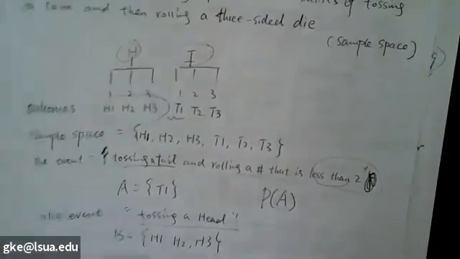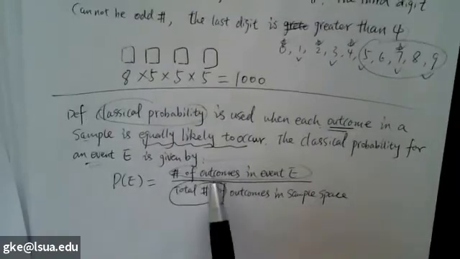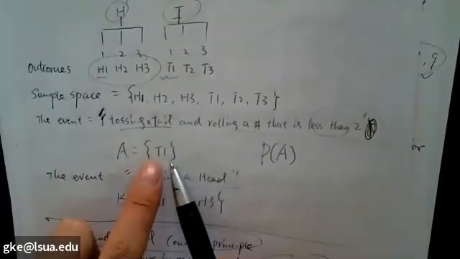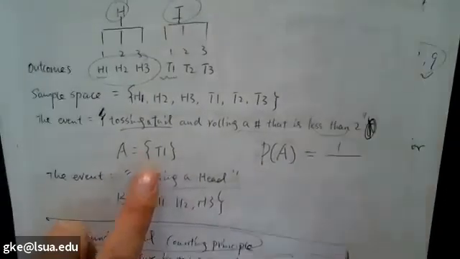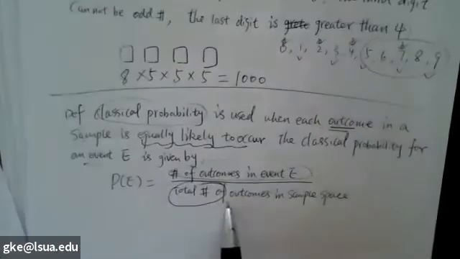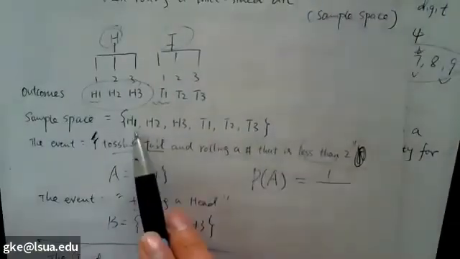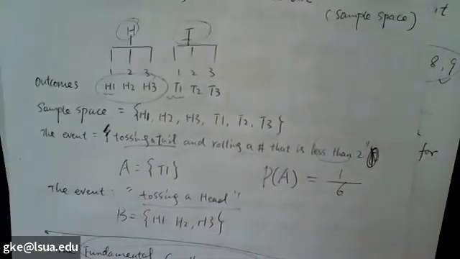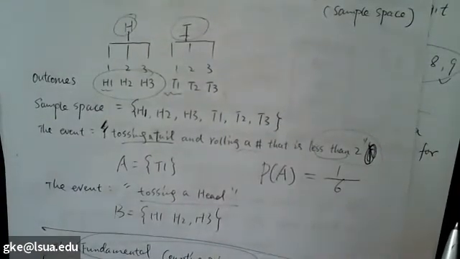Follow this formula: the number of outcomes in event A is 1, right? And the total number of outcomes in the sample space is 1, 2, 3, 4, 5, 6. The probability for the event A should be 1/6.